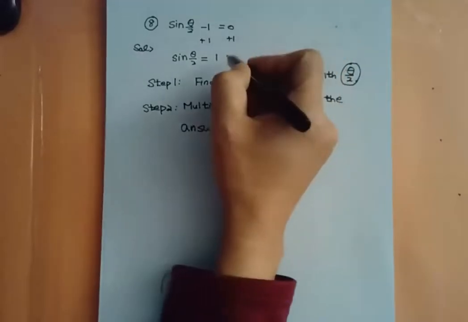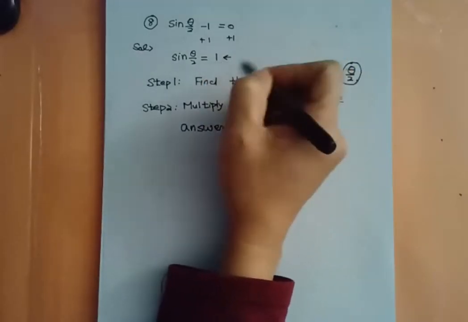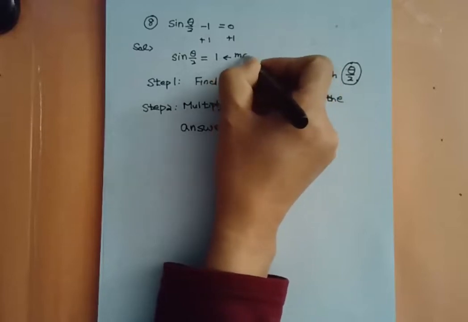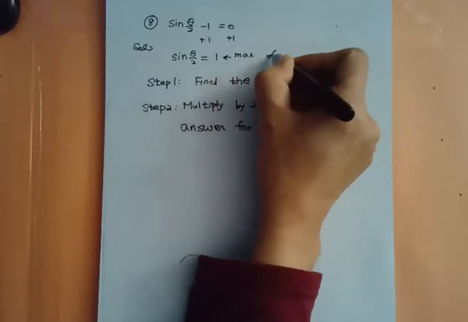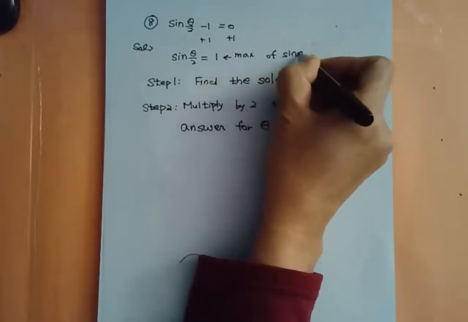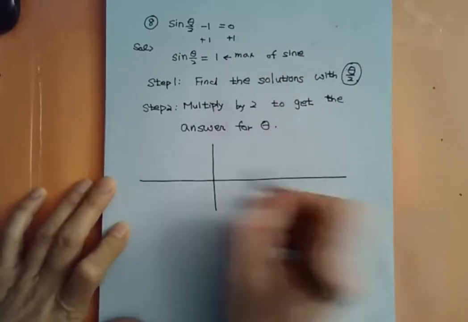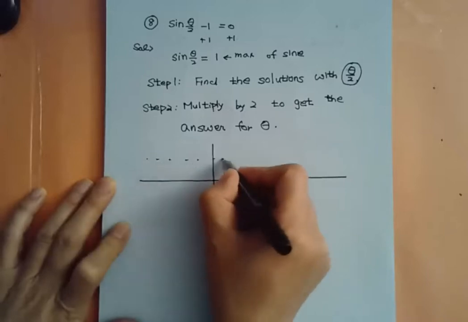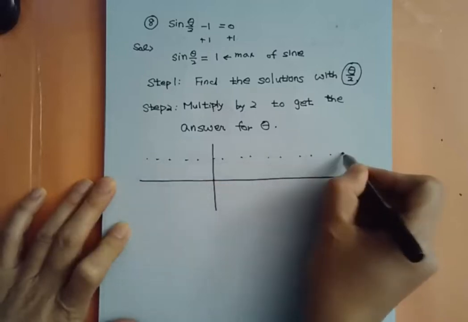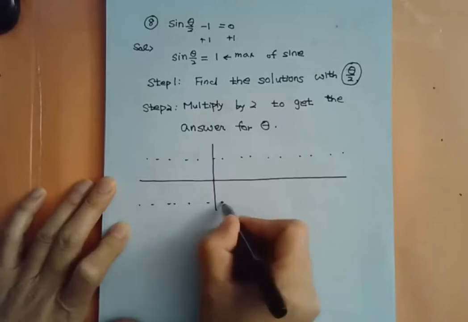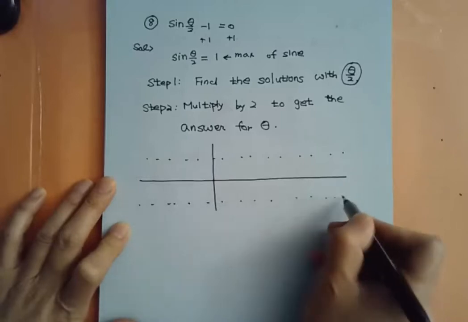So the value we are getting is the maximum value of the sine. That implies that we have to figure out the solution with the sine graph instead of using the special triangles.